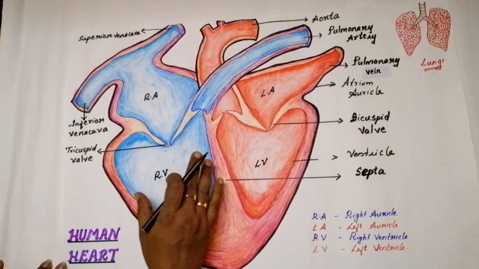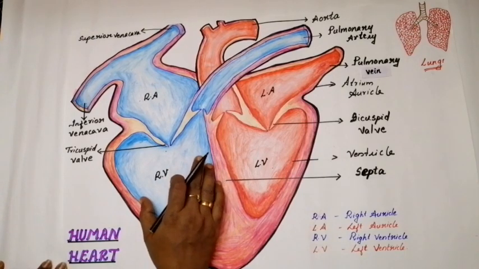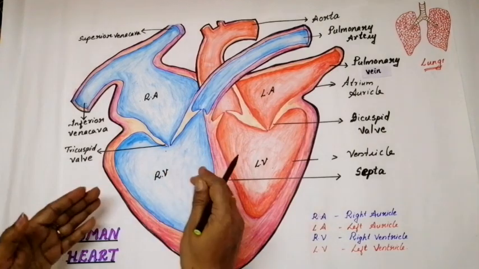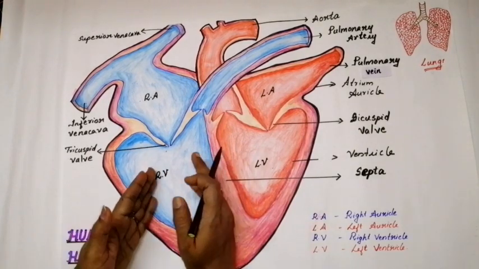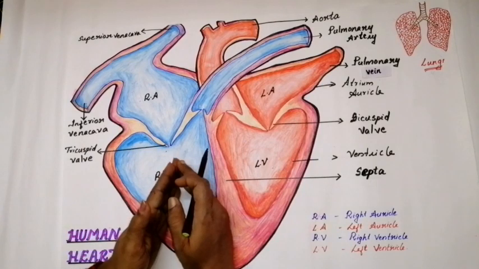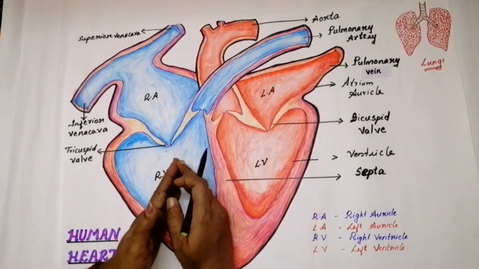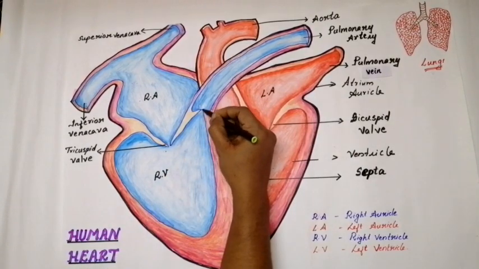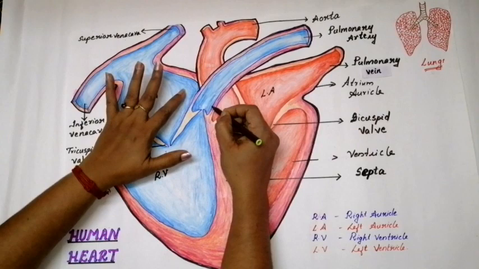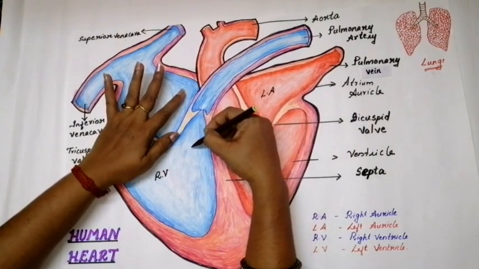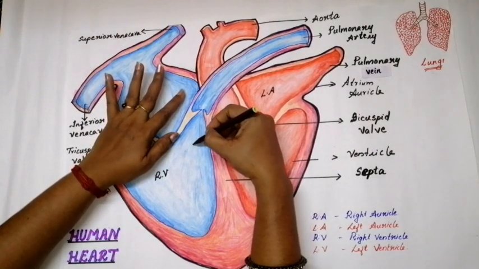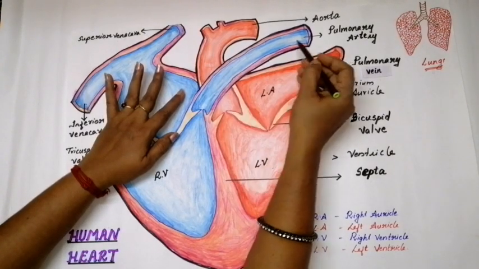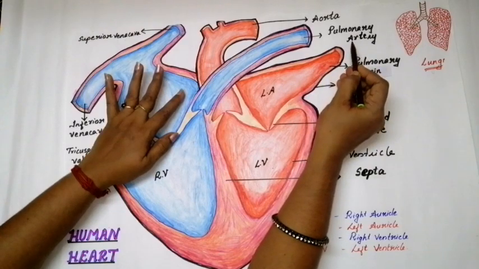Now the right ventricle is filled with blood, and here exerts a pressure, and now the right ventricle contracts, and due to this contraction the semilunar valve present here will open, and the deoxygenated blood from the right ventricle enters into the blood vessel called the pulmonary artery.